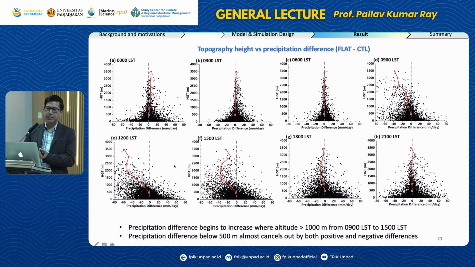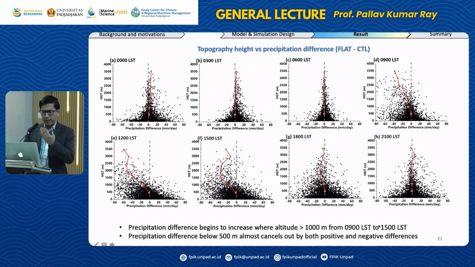And it becomes much stronger around 12 and then 15. So that's when most of the precipitation happens. What these numerical experiments are suggesting is that if there were no topography, then the precipitation over the islands in the maritime continent would have reduced significantly.